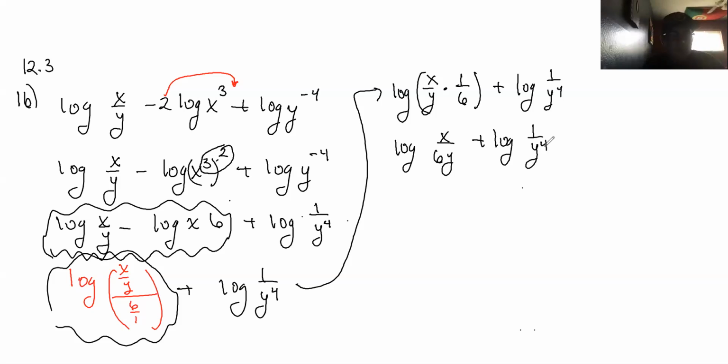Wait, I think you did something wrong. I think I did too. Okay, I'm going to go back to the beginning and check my work unless any of you guys see it already. When you did log x over y minus log x to the 6th, and you divided it right here, you forgot to put the x.